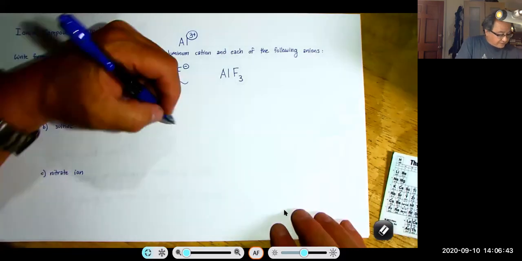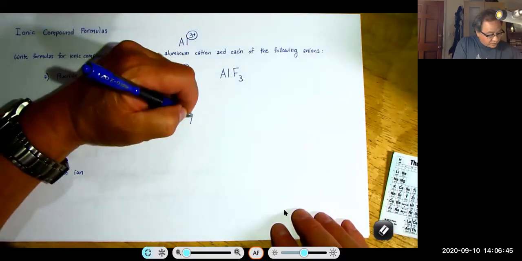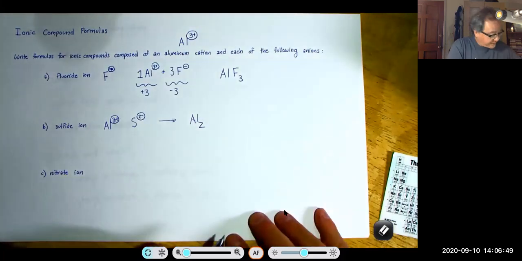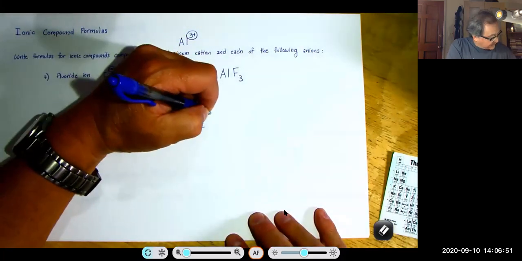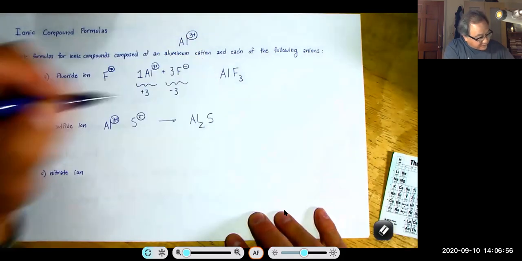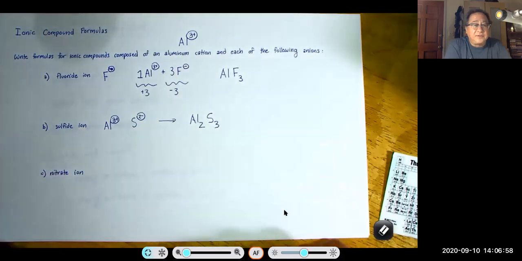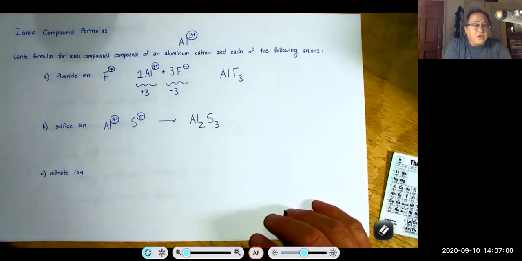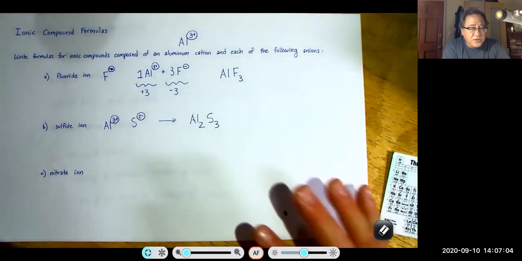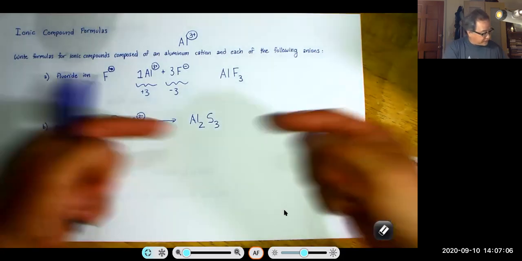So the switch and simplify says that Al will have a subscript of 2 because the charge on sulfur is 2, and the sulfide will have a subscript of 3 because the charge on aluminum is 3. So we haven't seen the simplify part yet, but again, I keep saying switch and simplify. So this is the switch.